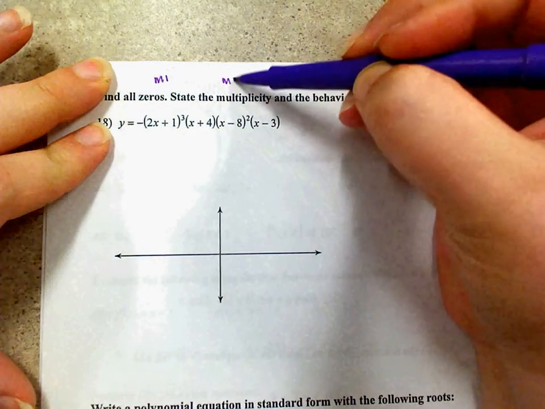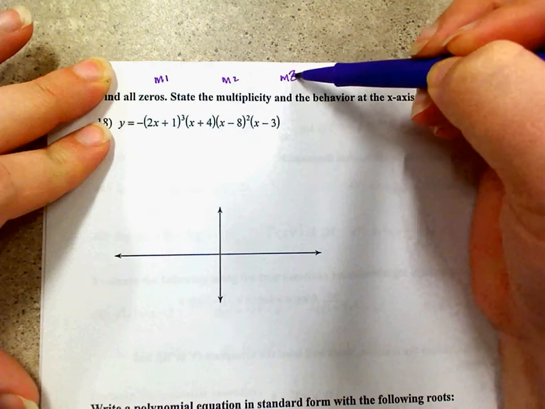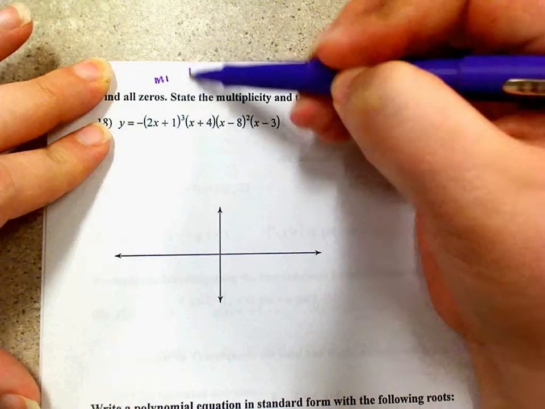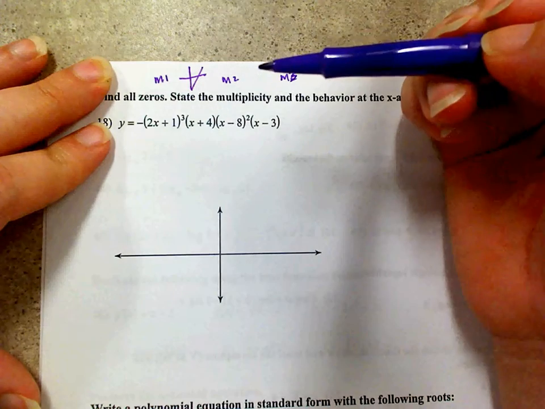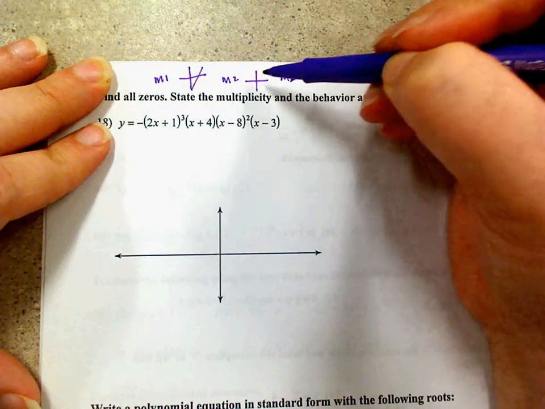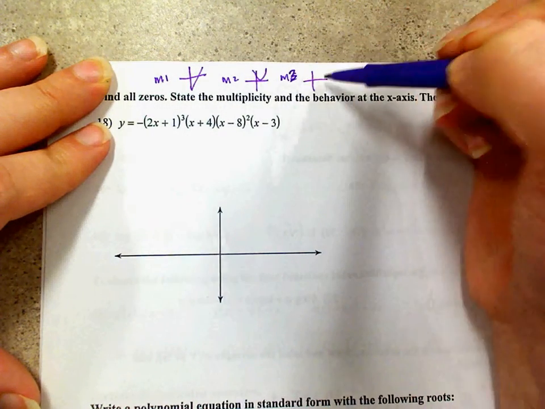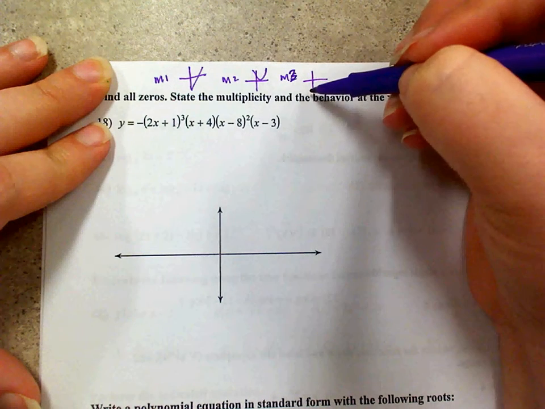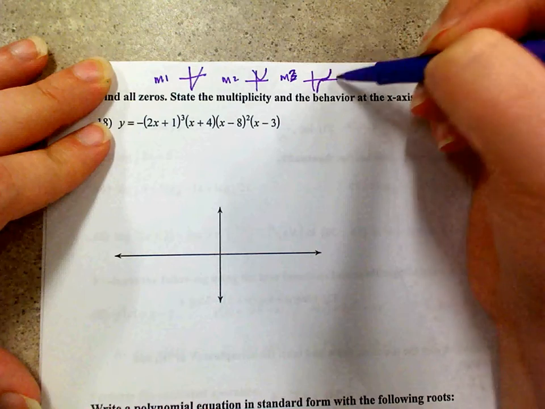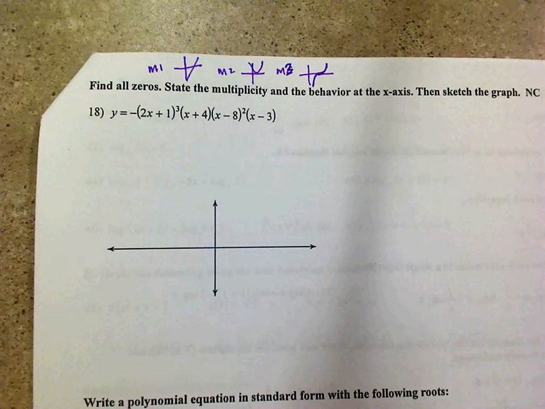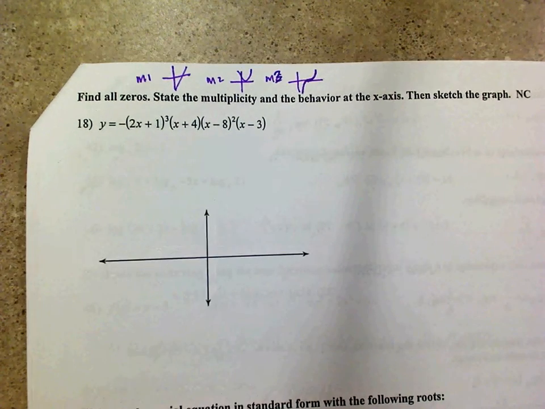All odd roots, if it has an odd multiplicity, it crosses straight through. If it has an even root, it bounces. And if it has an odd root higher than 1, it crosses, but it crosses how? With a curve, kind of with a wave, right? Okay. So any evens bounce, any odds cross, but anything higher than 1 crosses with a wave, right?